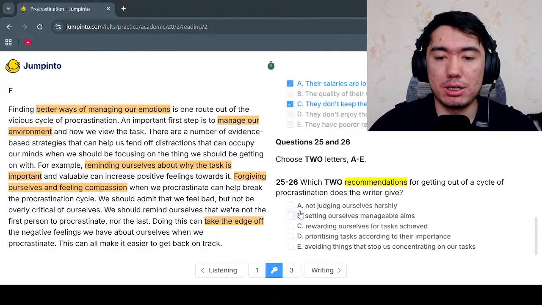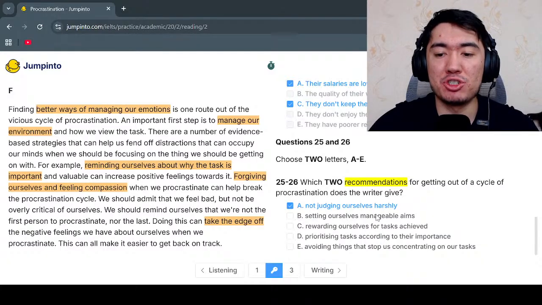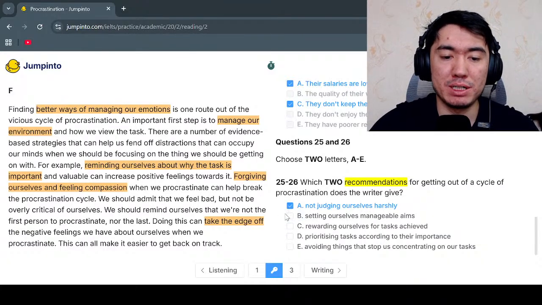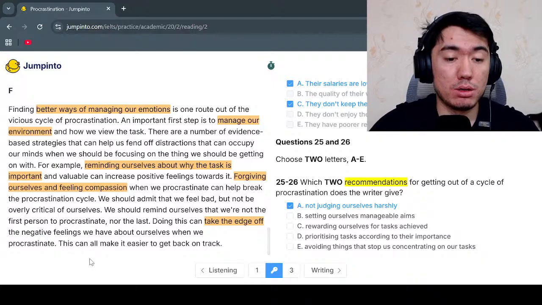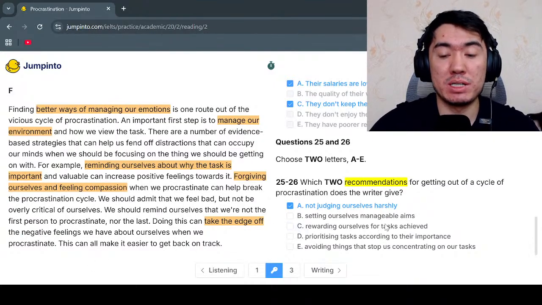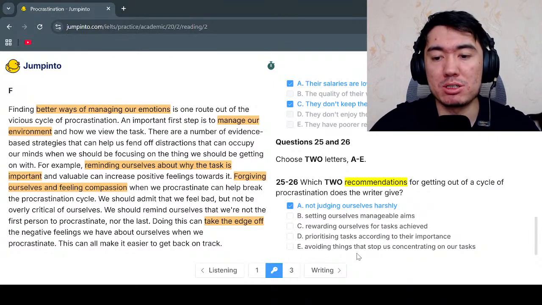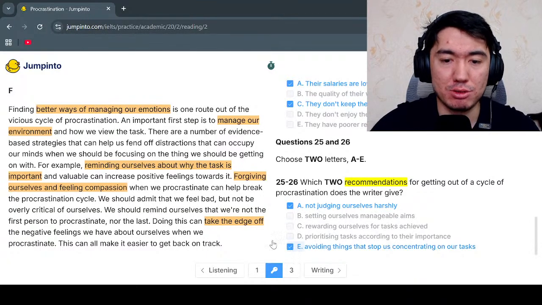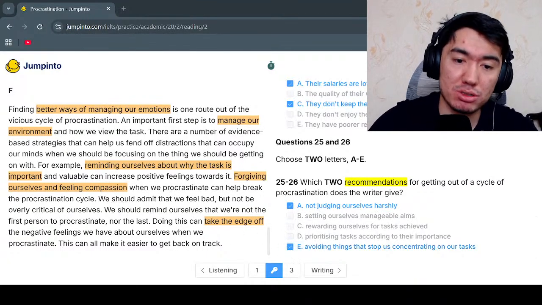I think not judging ourselves harshly. Yes. Setting ourselves manageable aims. I don't remember reading that. Rewarding ourselves for tasks achieved. Nope. Prioritizing tasks according to their importance. Nope. Avoiding things that stop us concentrating on our tasks. Yes.